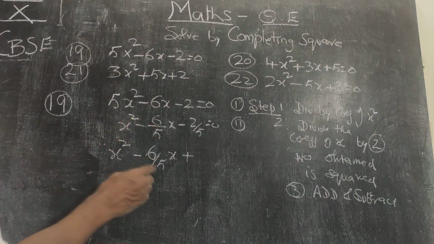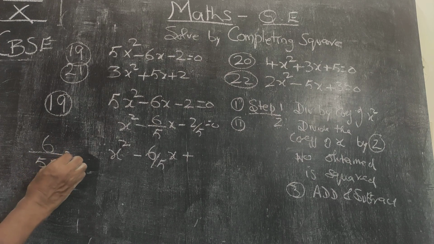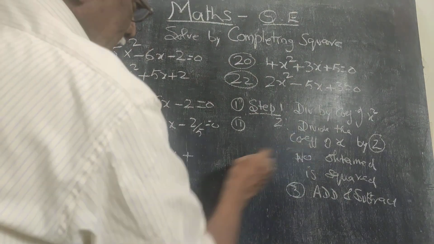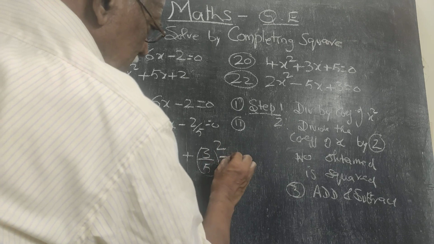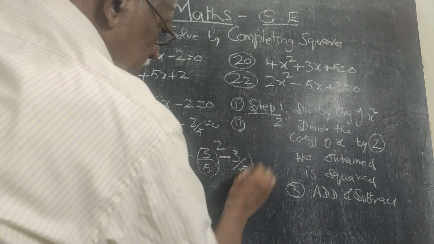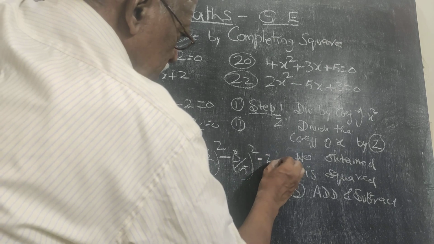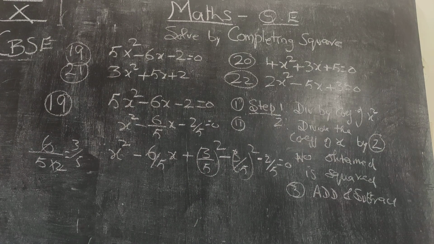So the coefficient of x is 6 by 5, divide by 2, so this is 3 by 5. Square it, so 3 by 5 the whole square, subtract it immediately and write the rest of the things. Minus 2 by 5 equal to 0.